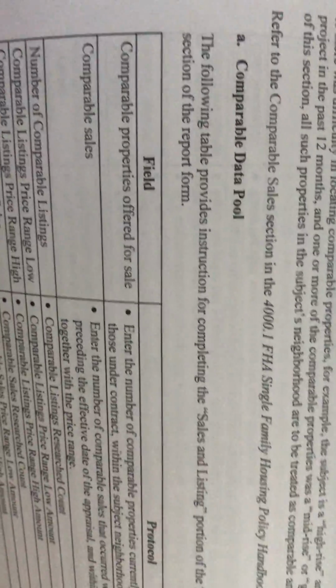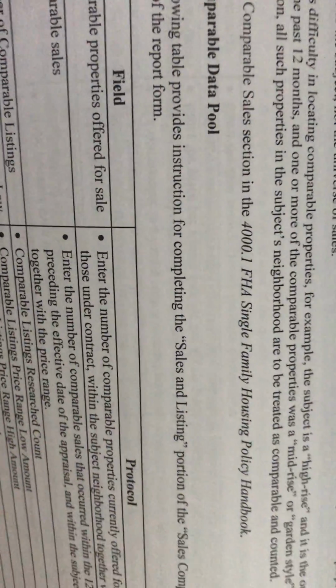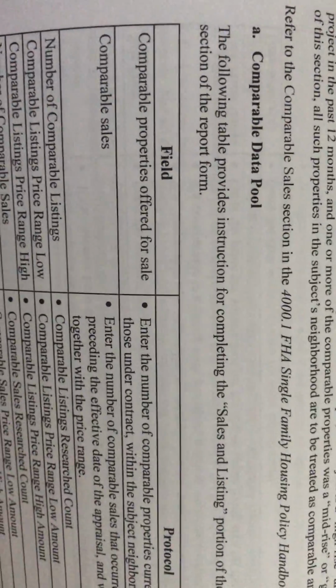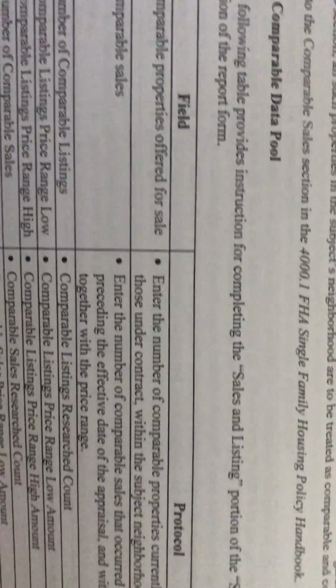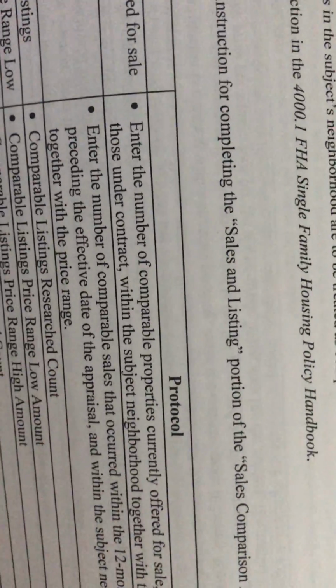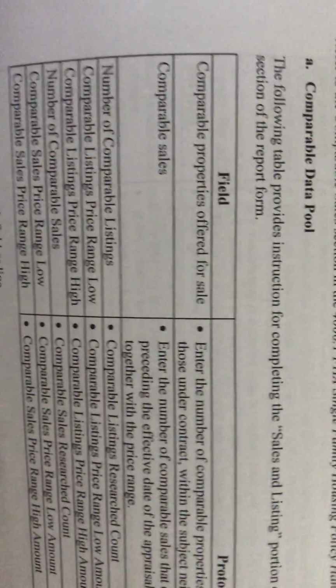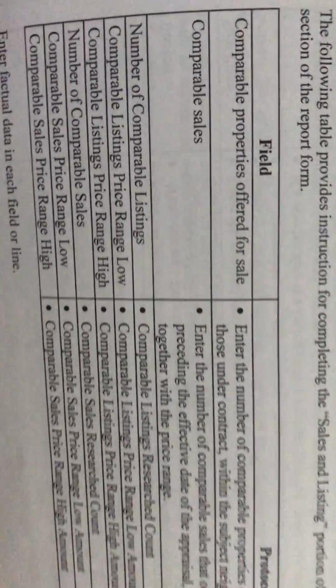Refer to the comparable sales section in the 4000.1 FHA Single Family Housing Policy Handbook. A. Comparable data pool. The following table provides instruction for completing the sales and listing portion of the sales comparison approach section of the report form.